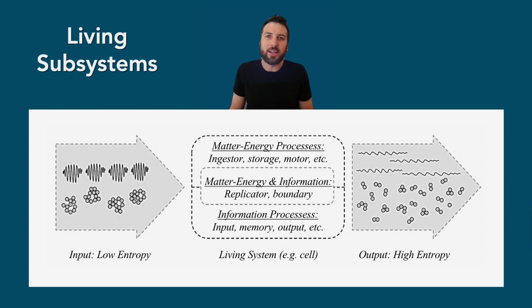Now, there are also some processes which are matter, energy, and information. So the boundary of the cell and replicating the cell basically involve both matter and energy processes and informational processes simultaneously. So this was an initial attempt to say, what are the critical subsystems of life? How can they be made in an idealized way to create this living system, this self-making system?